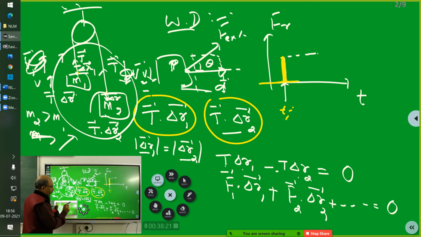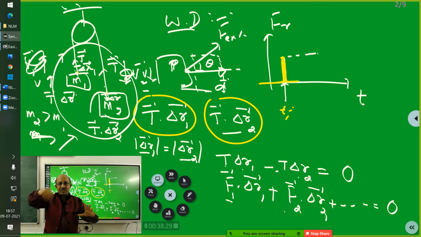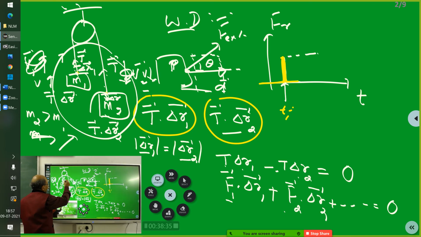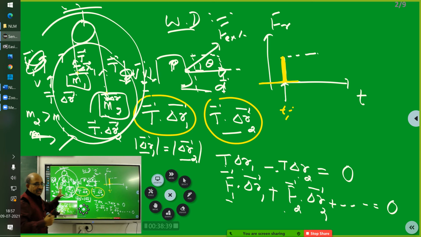Now you must appreciate that F1 bar, F2 bar are the forces created in the strings or the connecting rod, not by external force. You understand? This F1 bar is in the string only. It is not created by external force. I am not holding this and pulling it.